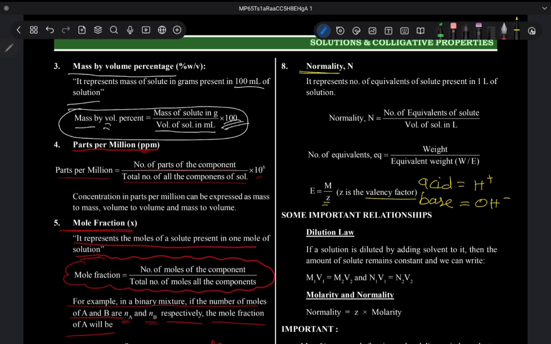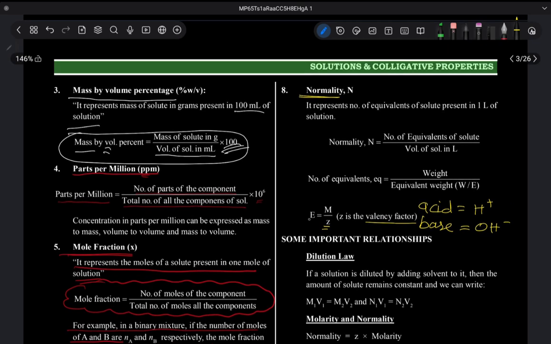Okay, let's talk about what is equivalent weight. This is the weight of a substance that provides exactly one active part. You find it by taking the total weight of the molecule M divided by power Z.